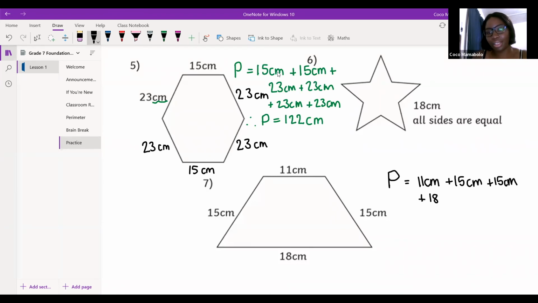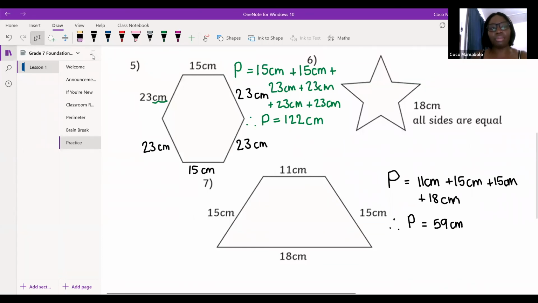Good. And how much does that give us? What do I write next? Therefore, our answer is P equals 59 centimeters. Yes, 59 centimeters. Okay, I agree. So easy. Excellent. I agree. All right.